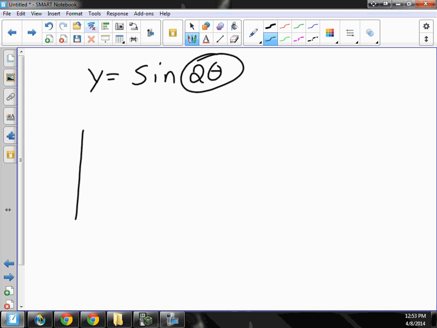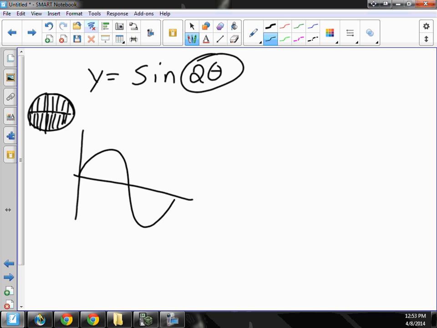Let's graph the sine of theta. So I take my unit circle. As I travel around the unit circle, I create lots of wall heights. And I transfer those wall heights over here. So my input for one cycle is every angle from 0 to 360. That's my theta value.